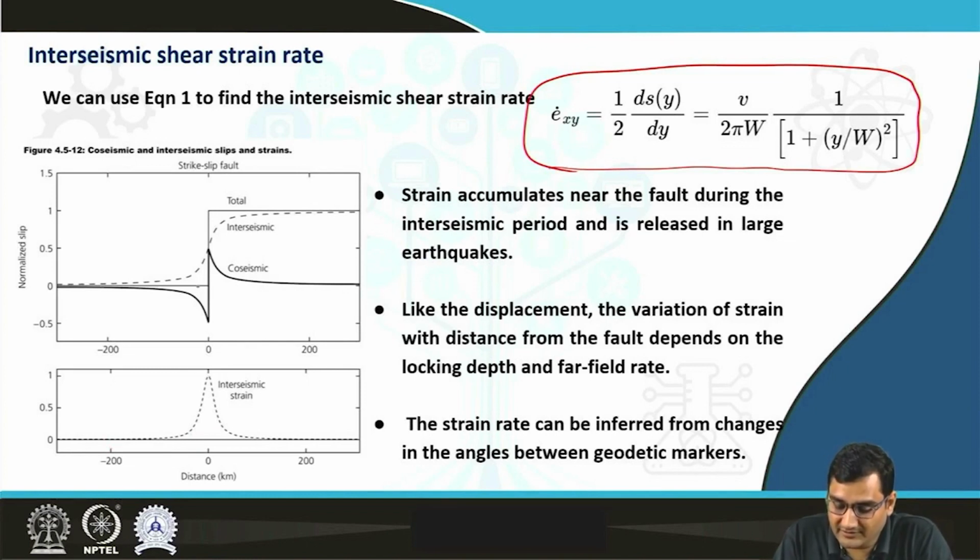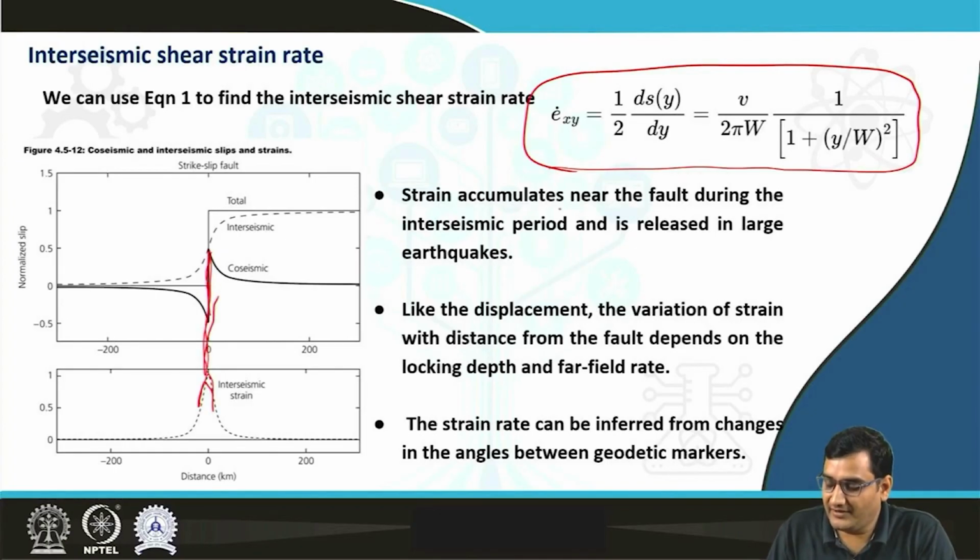You can see at the fault there is a sharp increase in the displacement here, and that will result in a higher value of the strain rate, and then you can see there will be a peak here somewhere. So this is basically related to this.